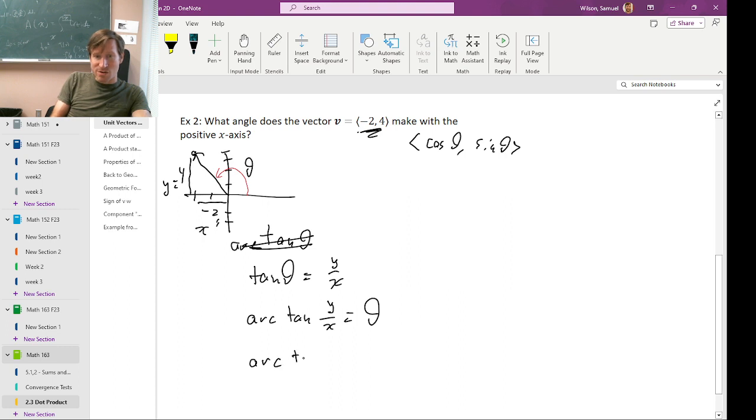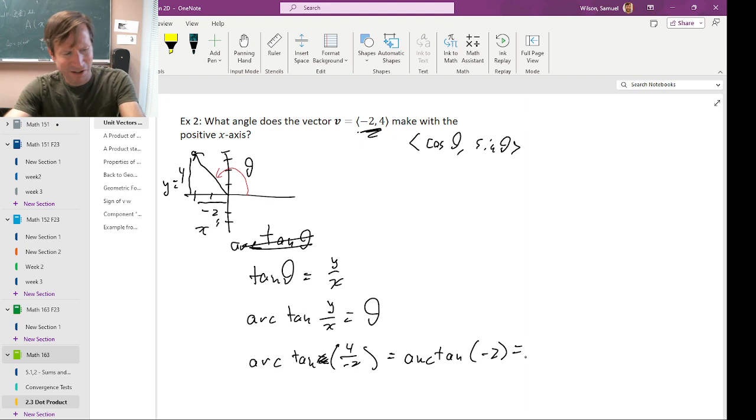So we need arctangent of 4 over -2, so arctangent of -2, and then we can pull out a calculator. So let's make sure we're in radian mode like proper mathematicians, and do inverse tangent of -2. Okay, and this will give us our angle.